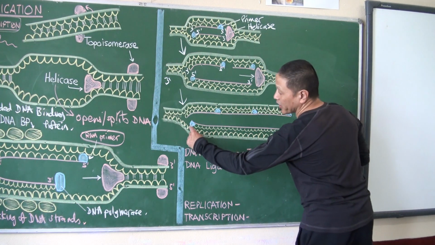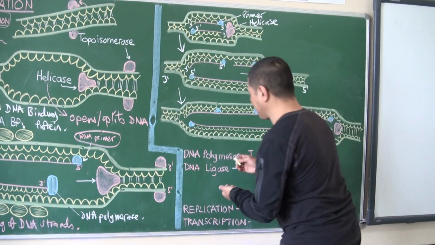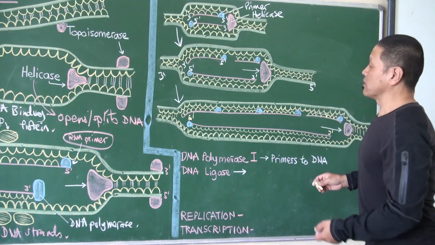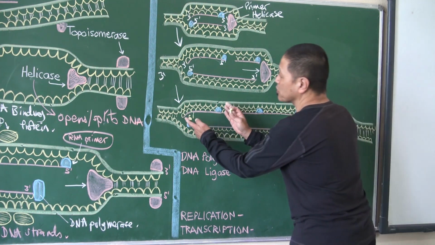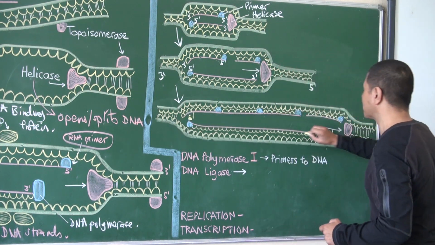Whereas on the other strand, it has just one primer, and it continues to copy from the 5' to 3' end. So this is important to remember. On one strand, it produces fragments. On the other, it produces a long chain.